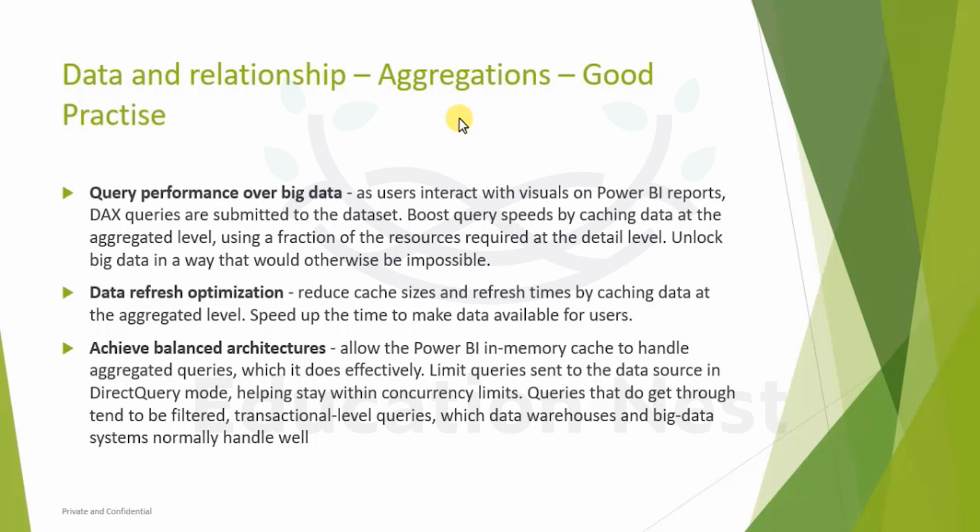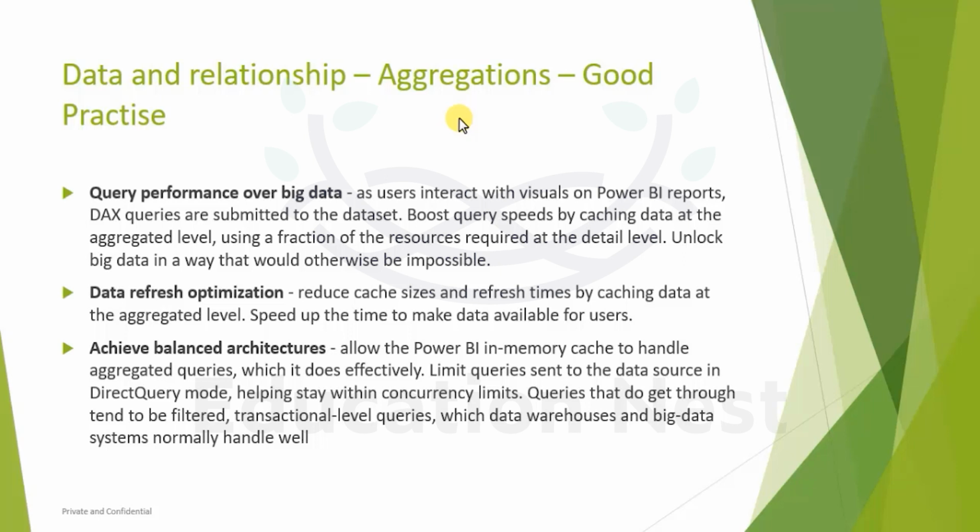So always have a dual mode enabled at the aggregate level, which is a master table or the summary table as I call it, and speed up the time to make the data available for the users. So rather than refreshing your entire table set, you just refresh the summary table based on direct query and you are good to go.